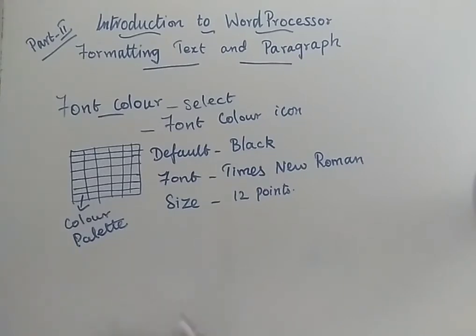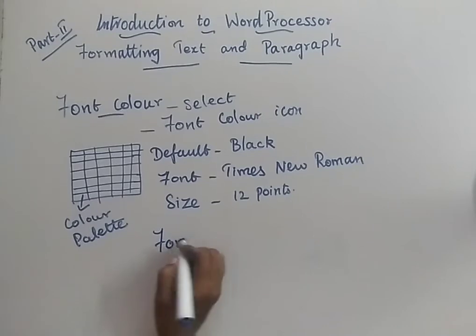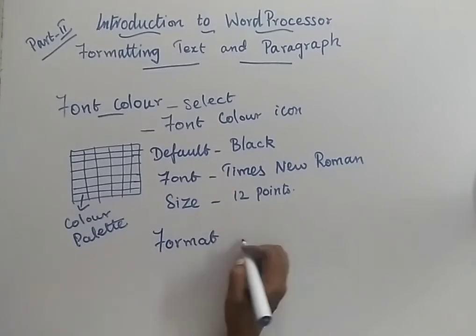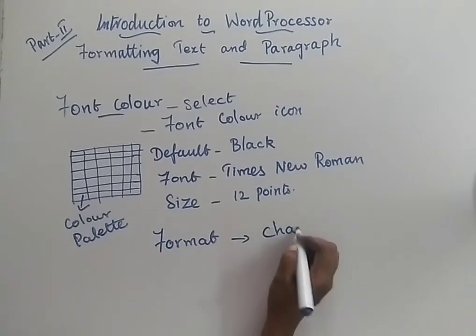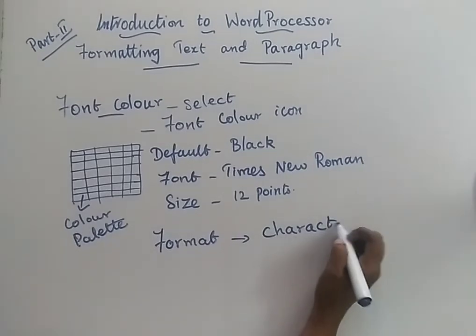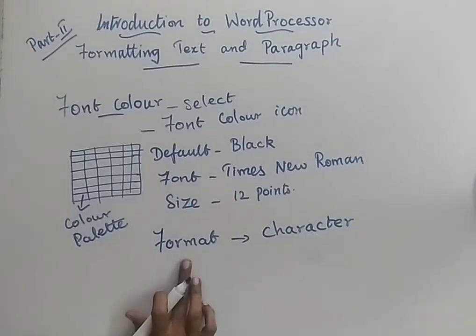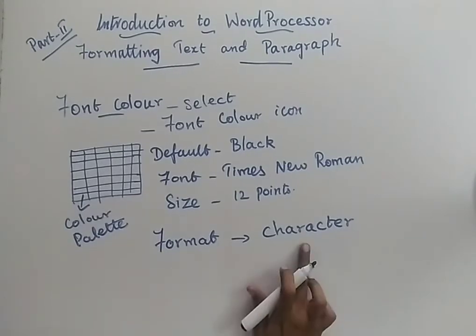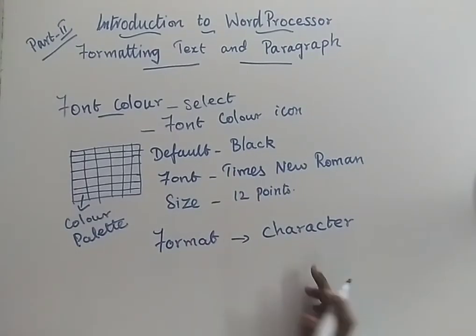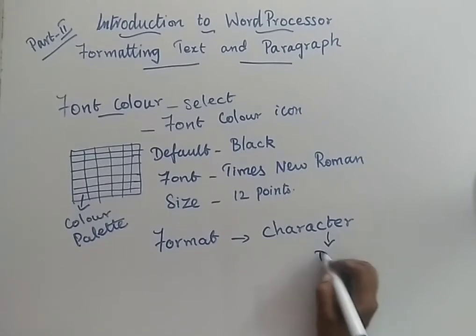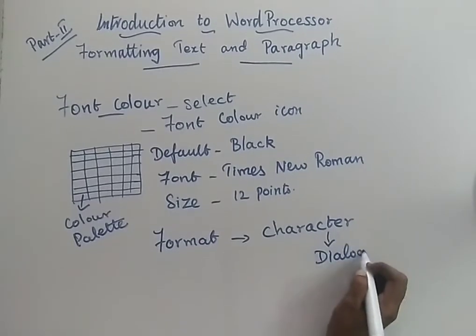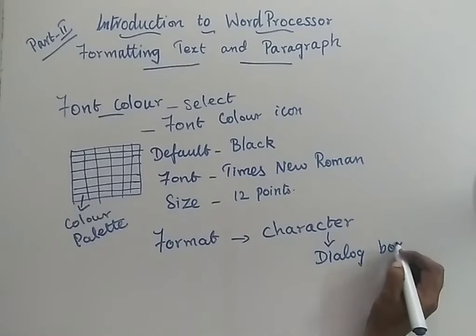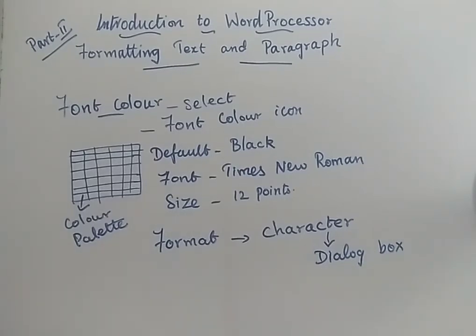Next we can see how this formatting option can be done. For that you have to click Format, which will be seen in your menu bar. Okay? So click this one. Under that you have to select Character. Immediately the Character dialog box will be displayed for you, and everything will be displayed there.